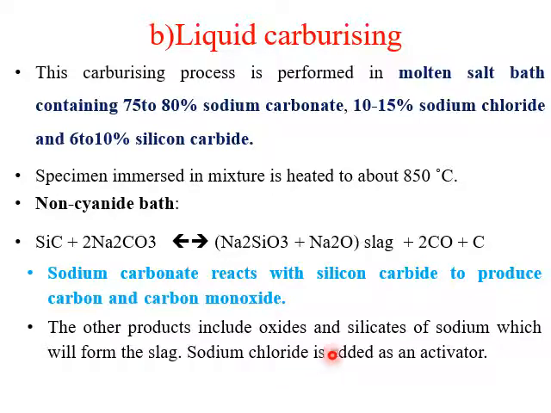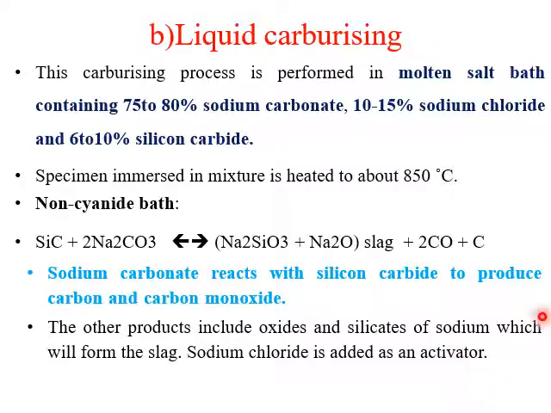The other products include sodium silicate oxide, which will be formed as a slag and which can be removed. Sodium chloride is added as an activator. That's very important. In each and every chemical reaction, we need to have an activator or a catalyst in order to speed up the process.